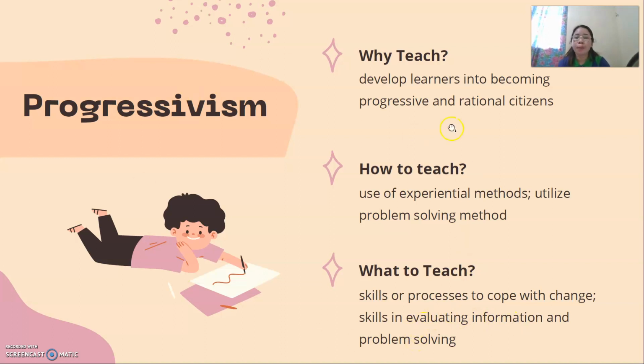So that is all about progressivism. Again, the keyword is, when we talk about progressivism, we talk about developing the core of the child, the center of the child, in order for him to progress in every aspect of his or her life.